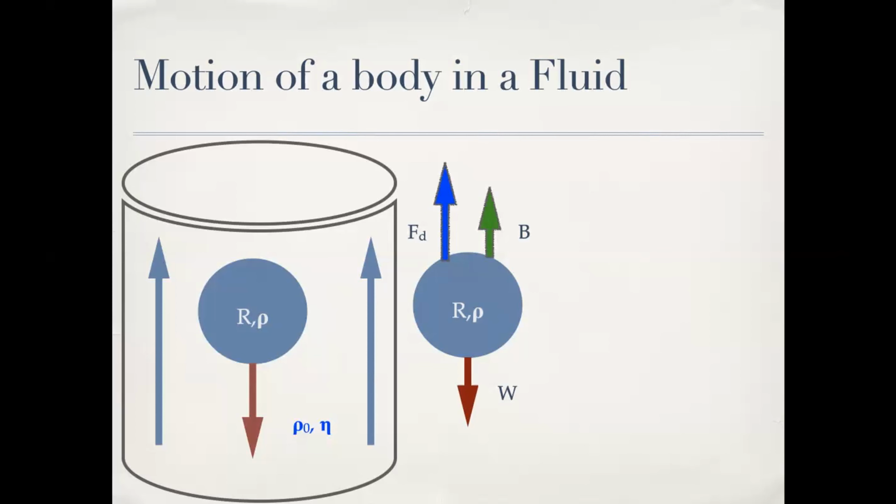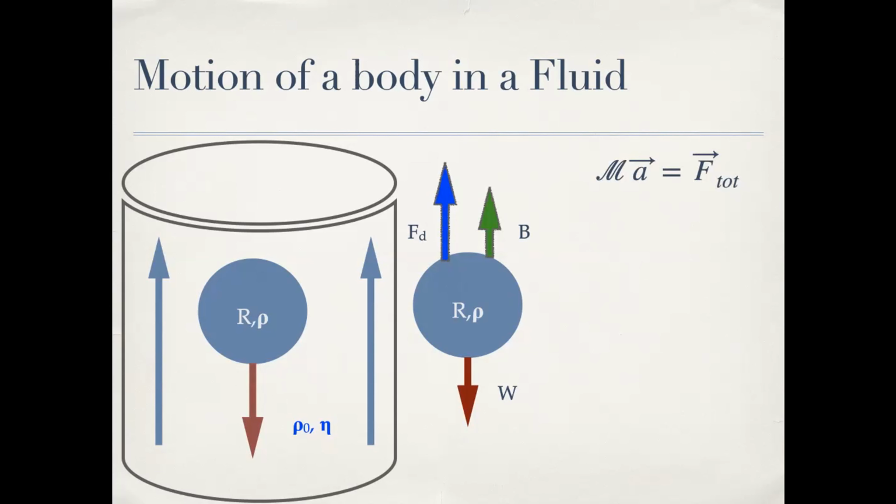And since the ball is moving slowly and steadily downwards, there is this resistive force Fd, which is given by the Stokes law and is proportional to the velocity. So we have three forces acting on our body, and we can now try to analyze its motion.